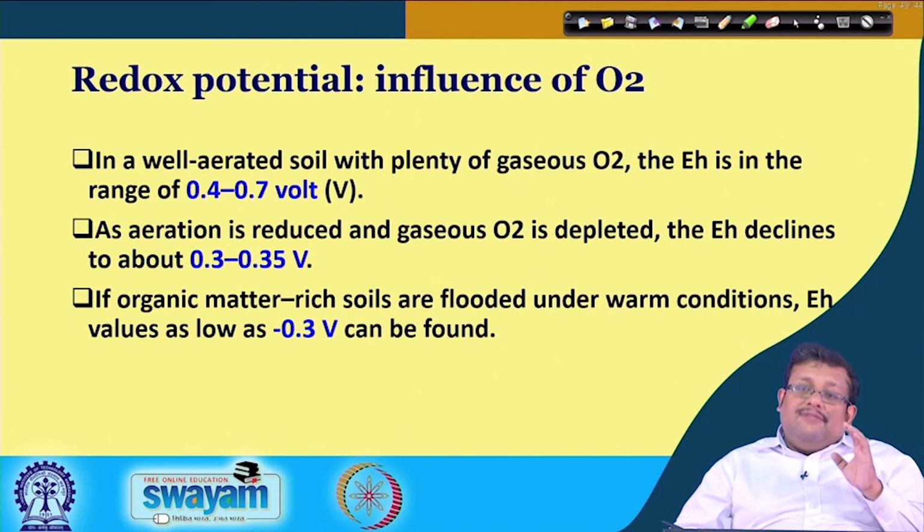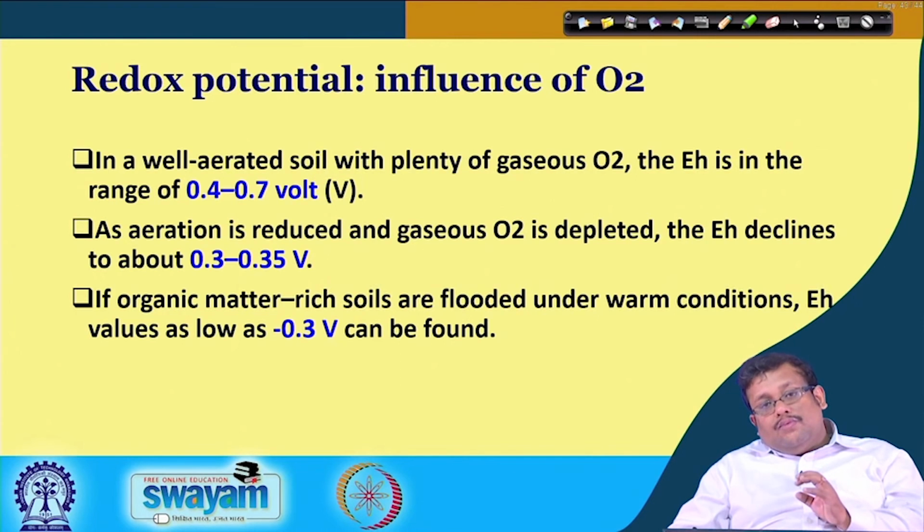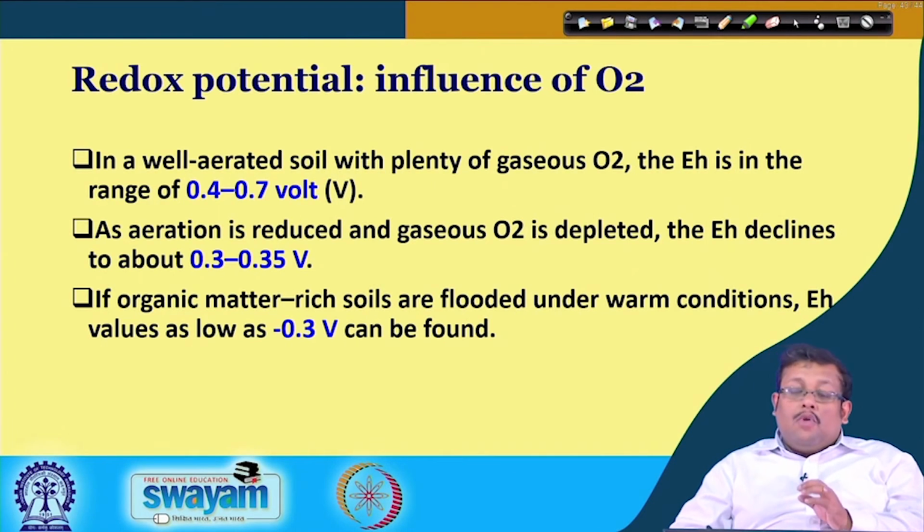in flooded condition, all the air pores will be occupied by water. So there will be no oxygen available for aerobic organisms to further oxidize this carbon. So these anaerobic or facultative anaerobic organisms will further act in this condition, and these organisms will use some other compounds like nitrate and sulfate as the terminal electron acceptor instead of oxygen.